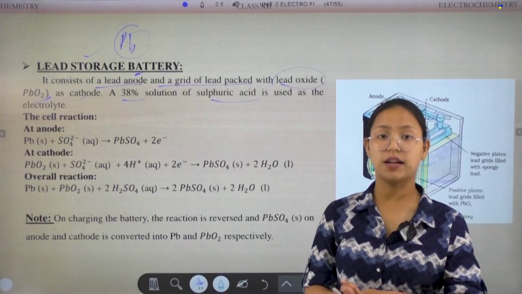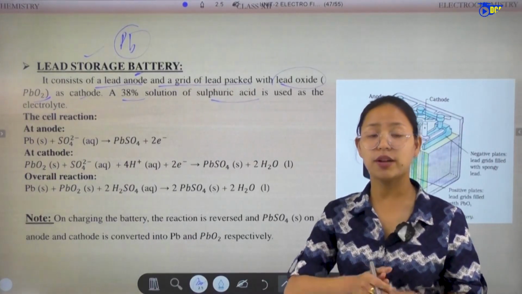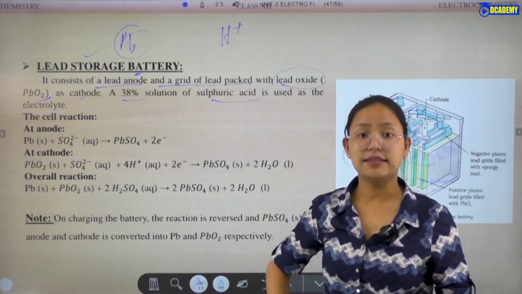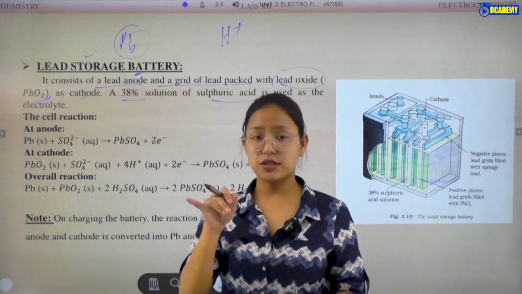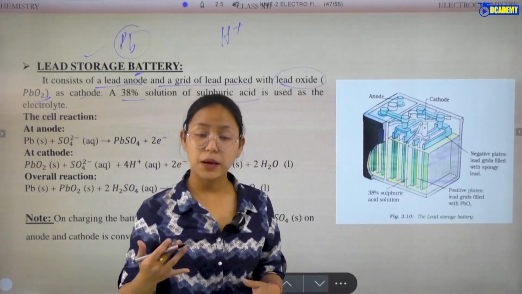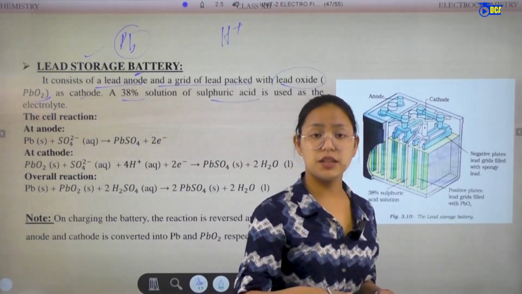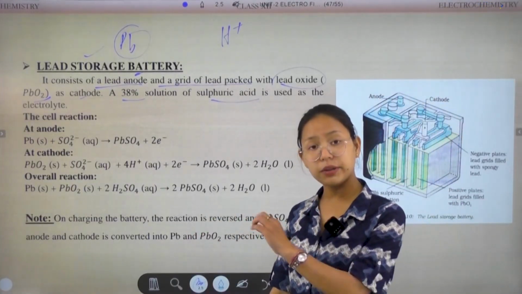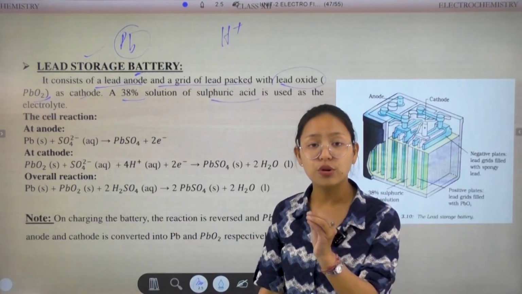Whenever we say acid, it is denoted by H plus. It carries a plus charge, meaning it has lost electrons. There is the flow of the electrons.